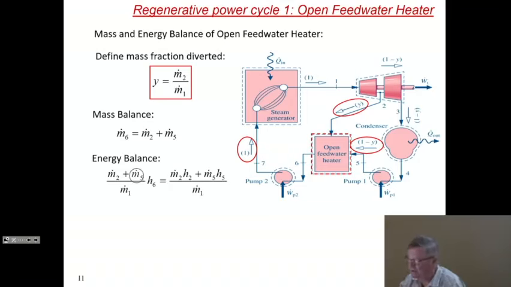Well, there's the mass in 2 plus the mass in 5 times the enthalpy in 6, that's what you have here, has to be the mass in 2 times the enthalpy in 2 plus the mass in 5 times the enthalpy in 5. So this is m dot 2 plus m dot 5 times H6 equals m dot 2 times H2 plus m dot 5 times H5. Divide both by m dot 1. And of course, m2 plus m5 divided by m dot 1 is 1.